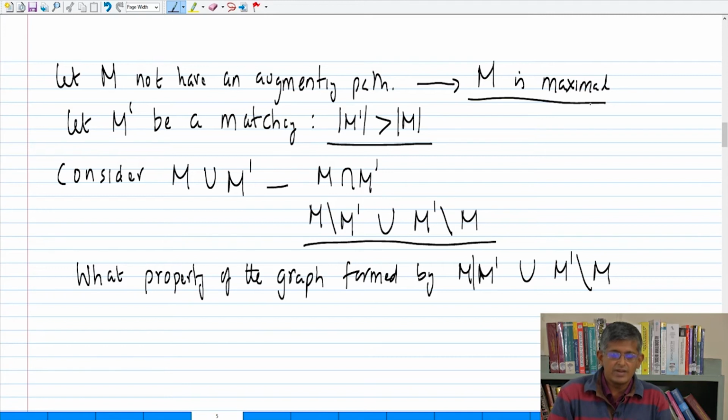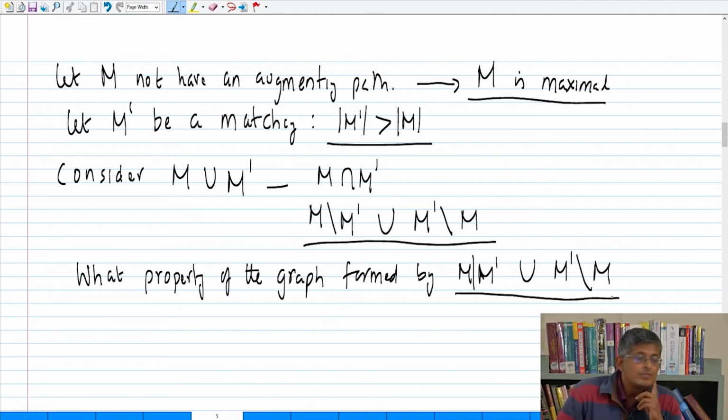And we are trying to understand the structure of the edges which are in the symmetric difference of the two matchings. So what properties can you observe? Let's start off with the simplest of them. Right.